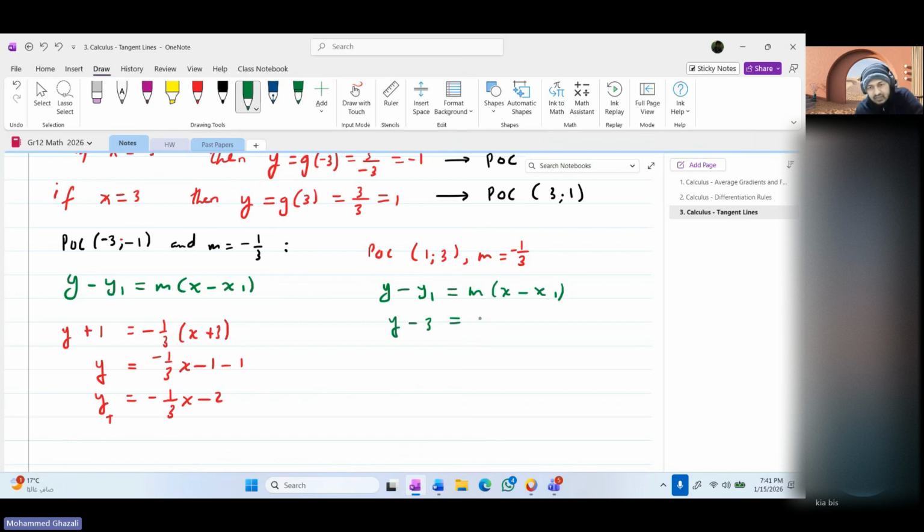What's m? -1/3 into x minus 3. No, x minus 1, sorry. Did I do this right? No, no, no. The point of contact is 3 and 1, not 1 and 3.